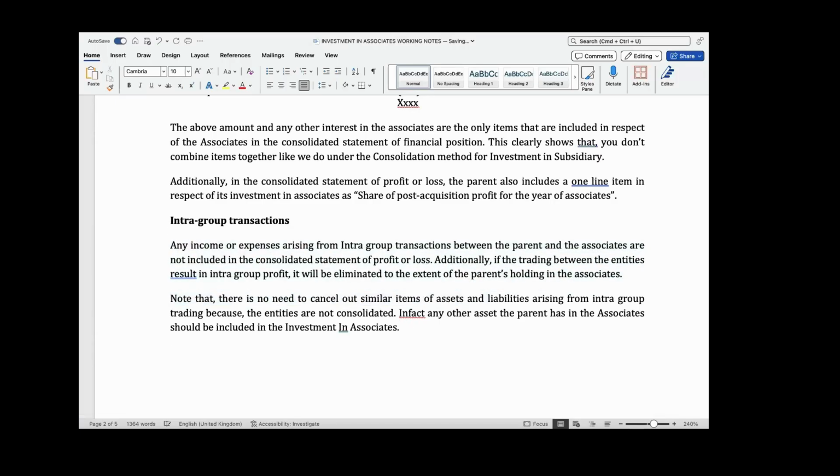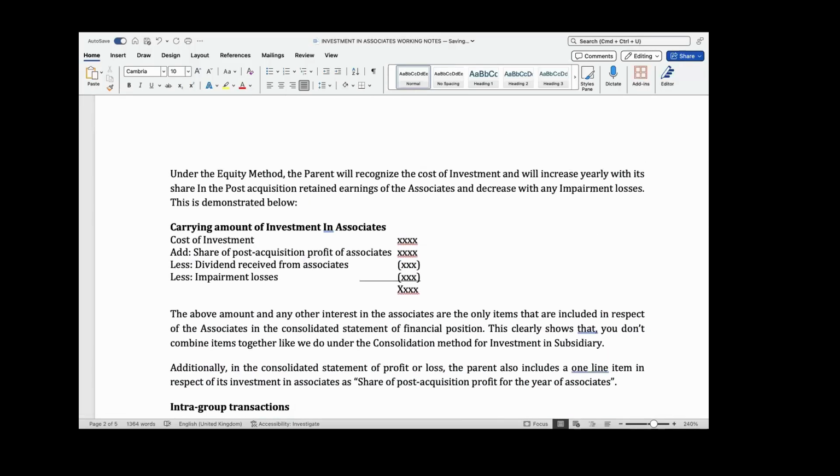Now, do you know that if you think of it, when you have share of profits, is it possible to have share of losses? With the way this is, that means you can also have share of loss. If the associate makes a loss, you will also take a share of the loss.